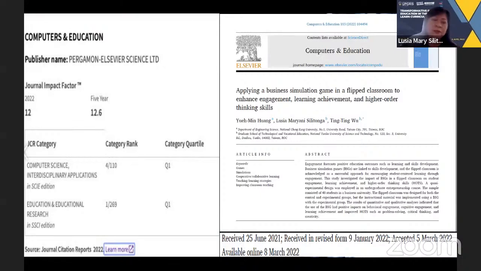This is the latest source of Journal Citation Reports. The process is very long. You can see from 25th of June 2021, I was decided and got news from the publisher in March 2020, so almost 9 months. So this is a long process of the research.